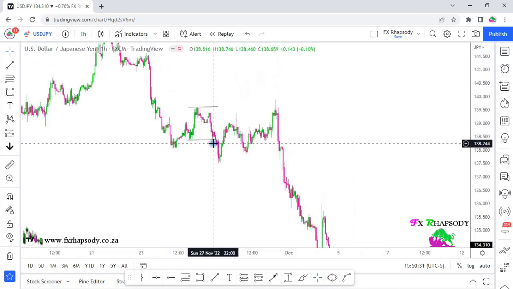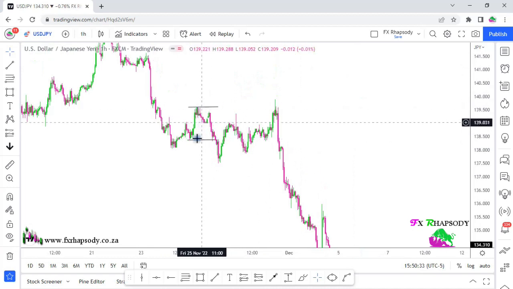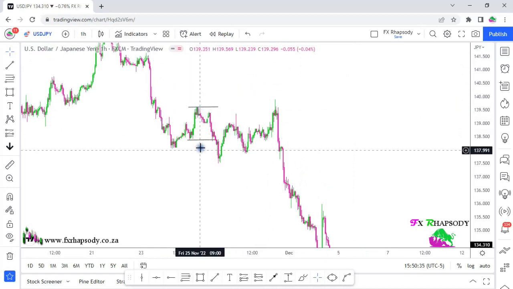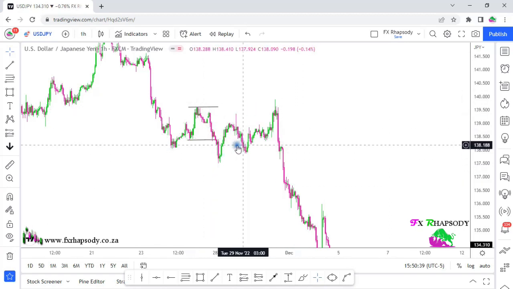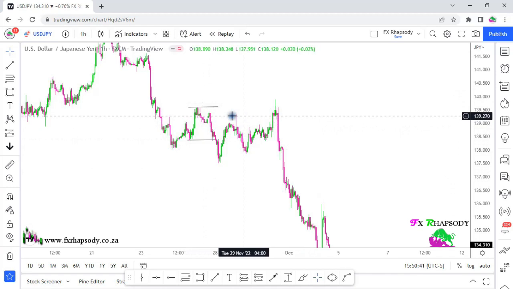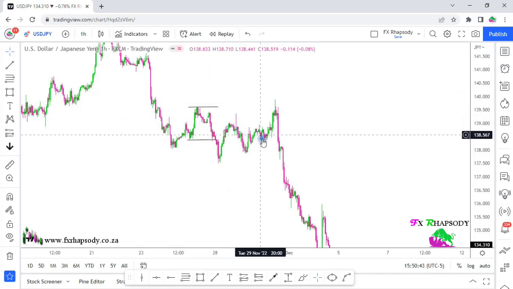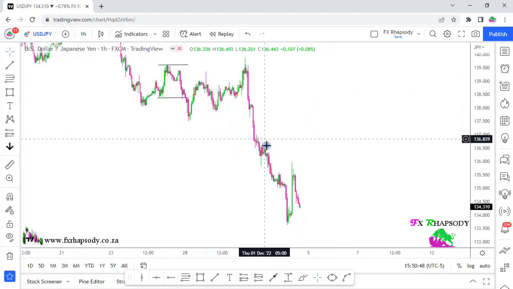This is basically the beginning of the week. I was looking at those two areas, a high and a low, and looking for some kind of a break in structure, and then a retracement to a Fibonacci level or fair value gap, and then trying to catch big movements like this.